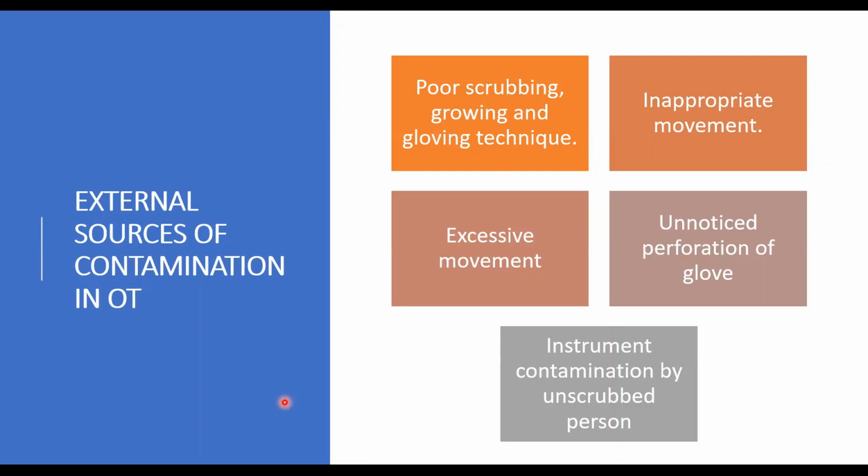If you don't follow proper technique, they can cause contamination. If you move inappropriately, for example, you don't turn your body so that your back is facing the back of your colleague who is operating the same region at the same time.